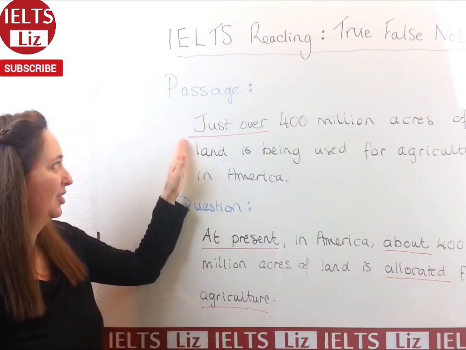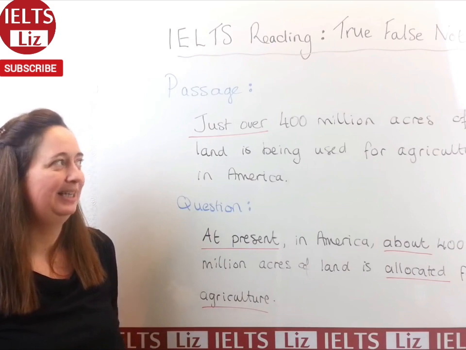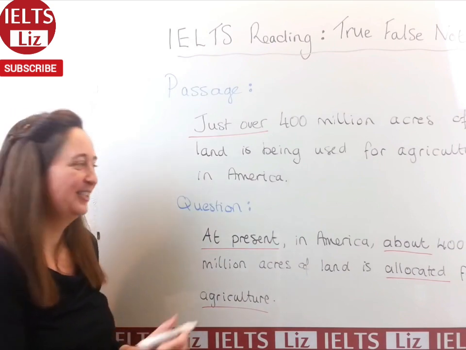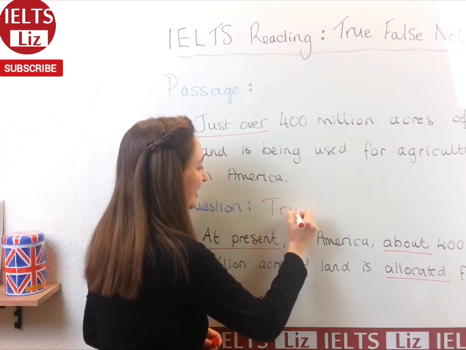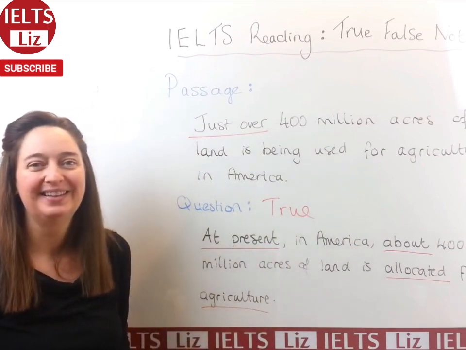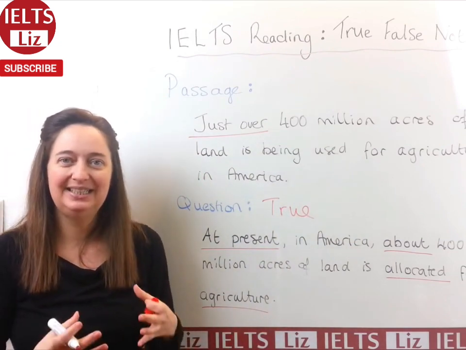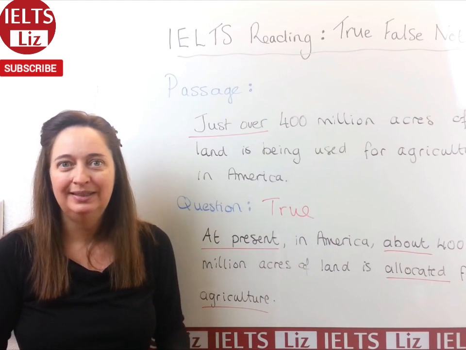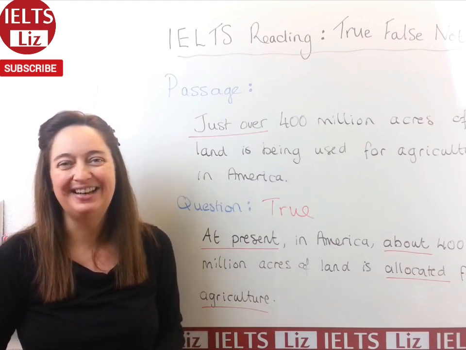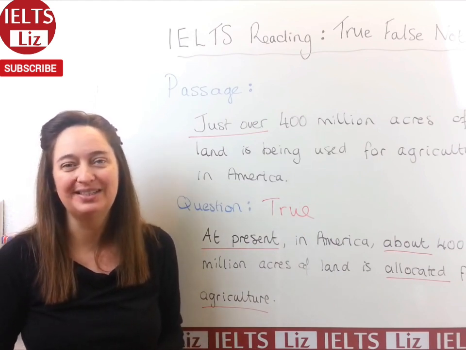And here we've got a match. Just over 400 million acres. So the answer for this one is true. So you can see there are many different traps and difficulties that you can have with these types of questions.